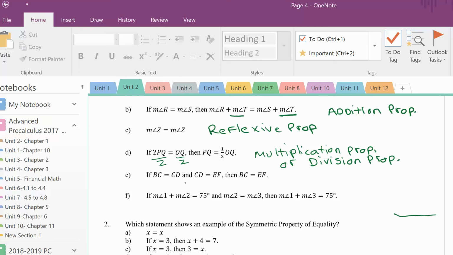Here BC equals CD and CD equals EF, so then notice it says BC equals EF. This is the transitive property. You could also make a case for substitution because you substituted in EF for CD and BC for CD.